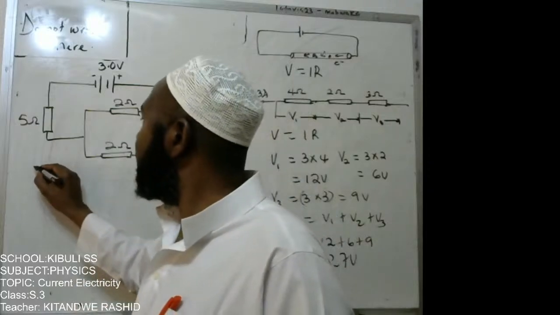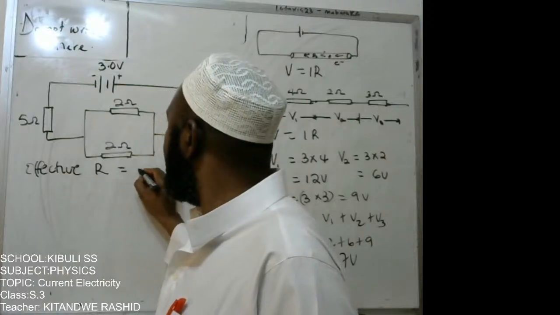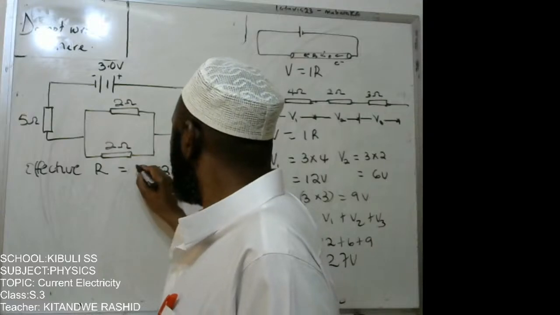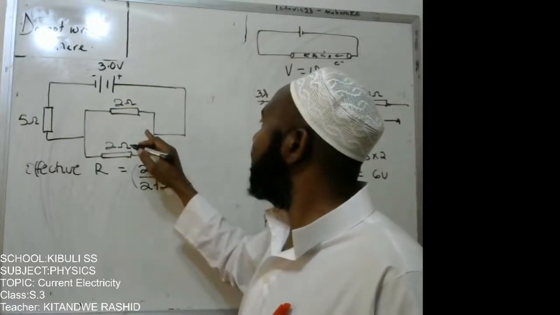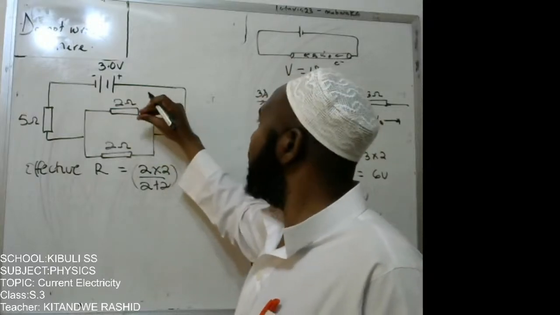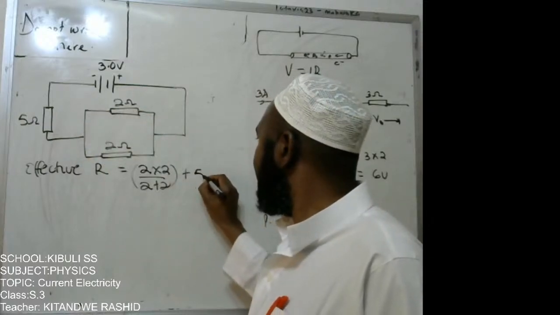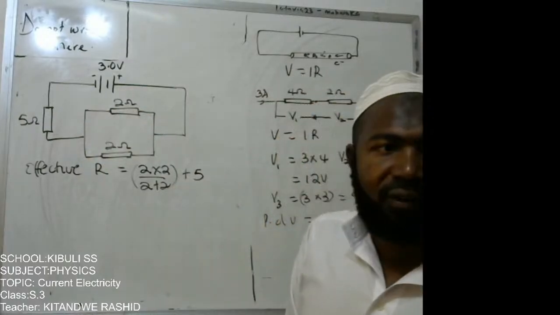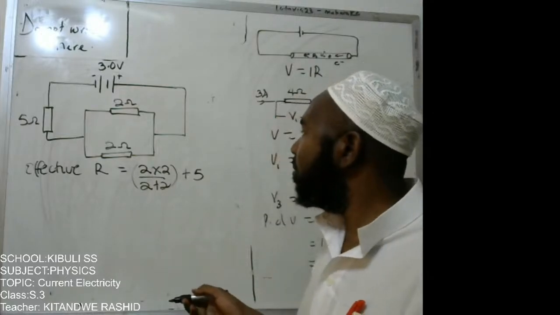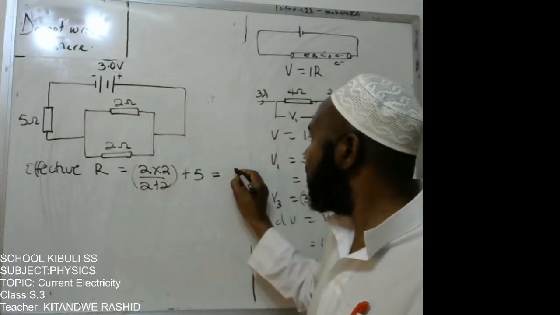So effective resistance is going to be product over sum, and then this one now is going to be shrunk to a common resistor, which is now going to be in series with the 5. So 2 plus 2 is 4, and then 2 times 2 is also 4. That means 4 over 4 is 1, plus 5 gives the total resistance to be 6 ohms.